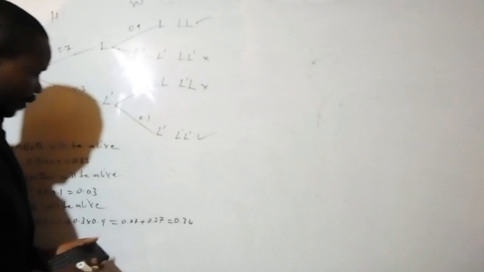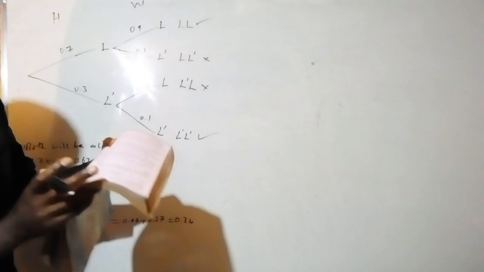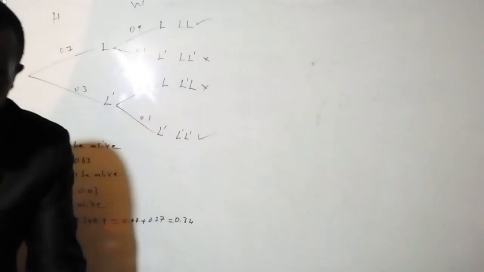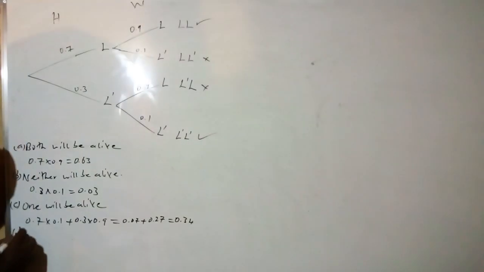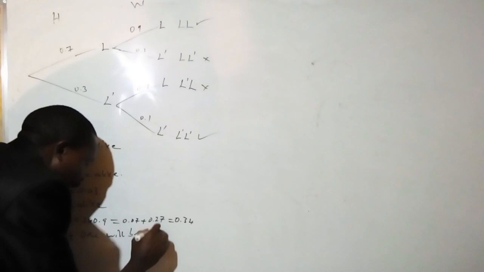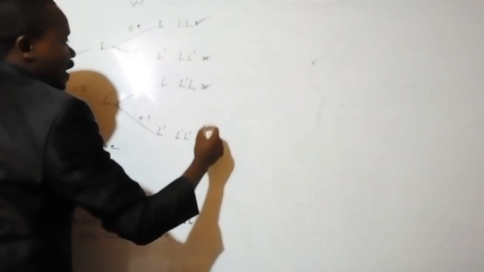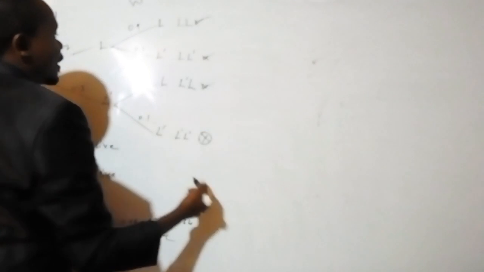Then D, at least one will be alive. At least one. So we pick all these except the last. Two will be alive, one alive, one alive.